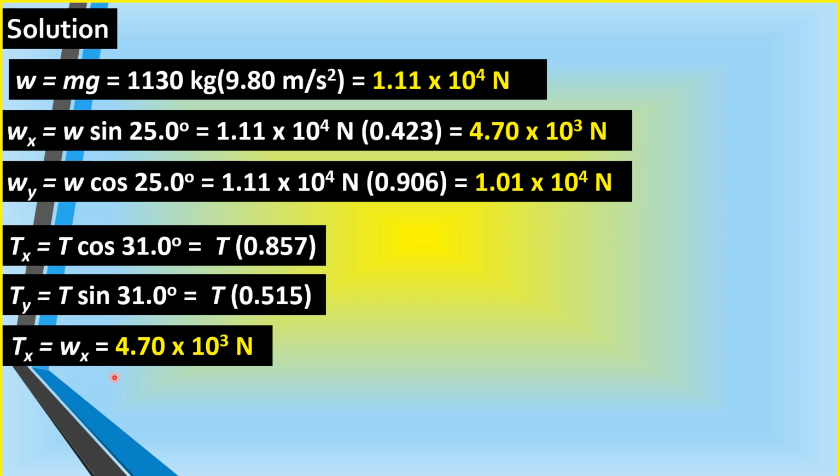In short, Tx is also equal to 4.70 times 10 to the third power Newton. All right, that is using the concept of summation of Fx must be equal to 0.